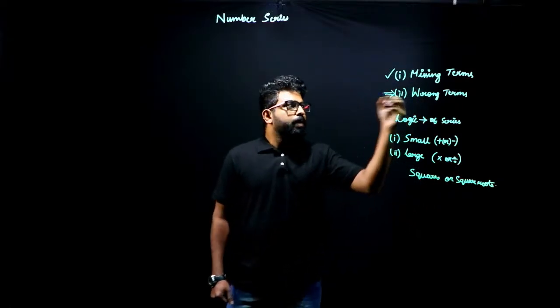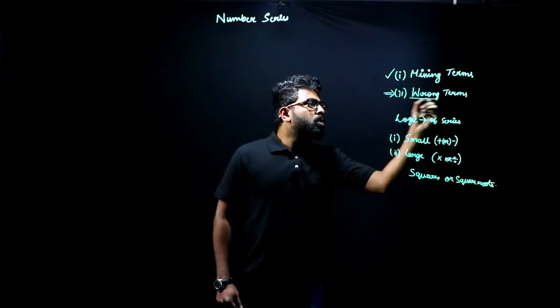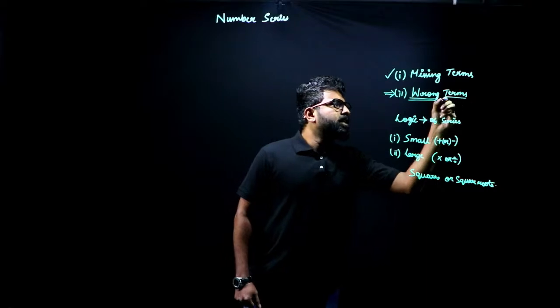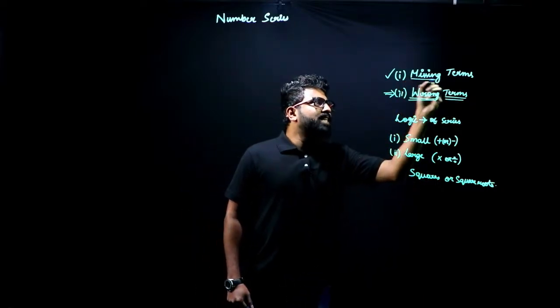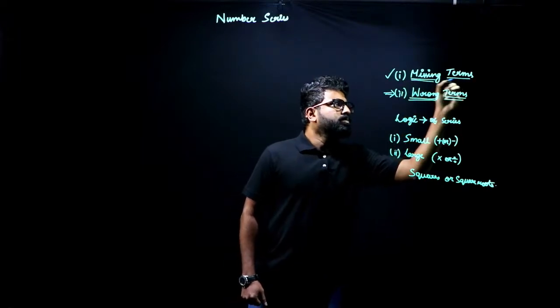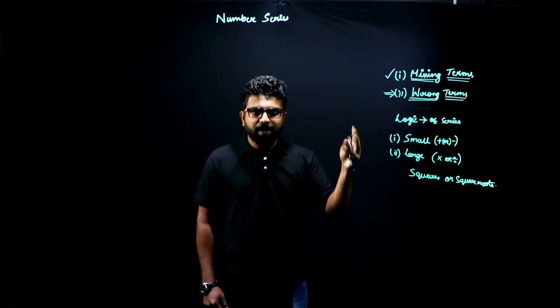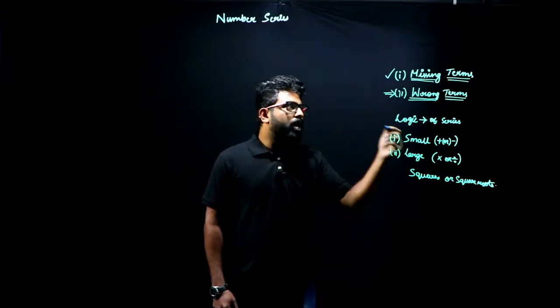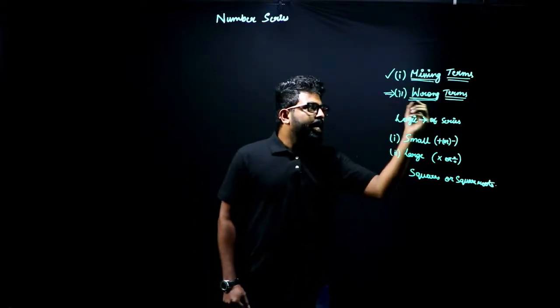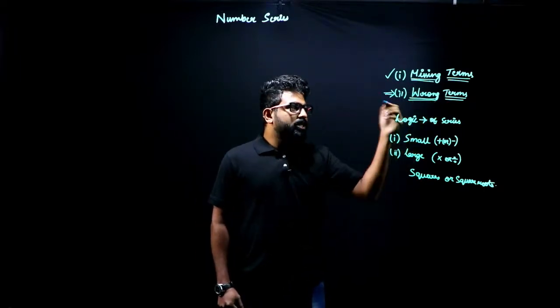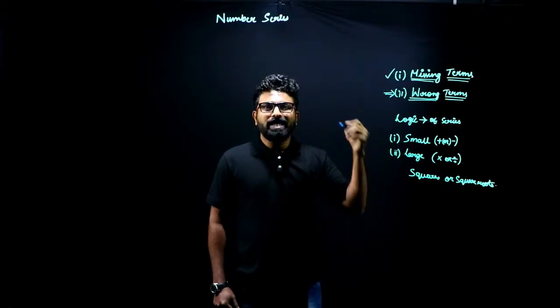So now, in wrong terms, what will be the question? Okay, let me have a quick recap. What was the question that could be asked in missing terms? They used to give a series. In that series, one of the terms used to be missing, and we had to find out which term was missing. So here, in wrong terms, the logic or the procedure that we follow will always remain the same.